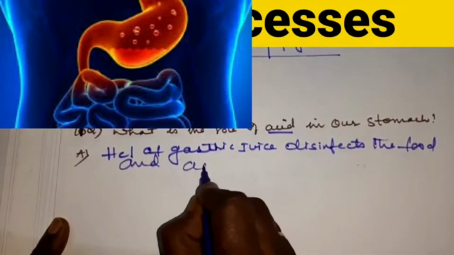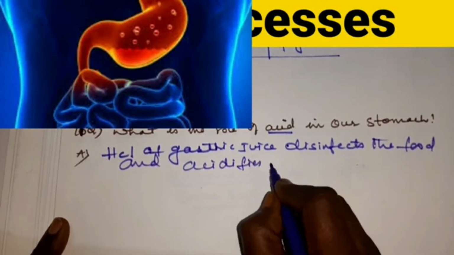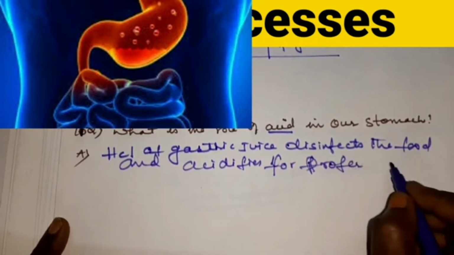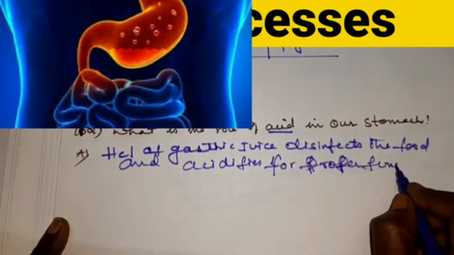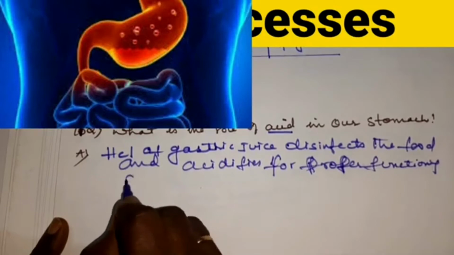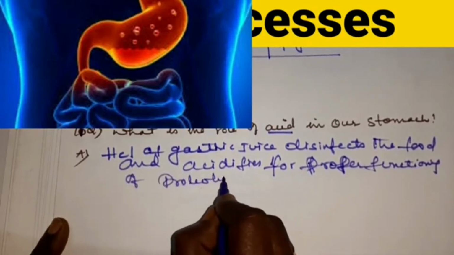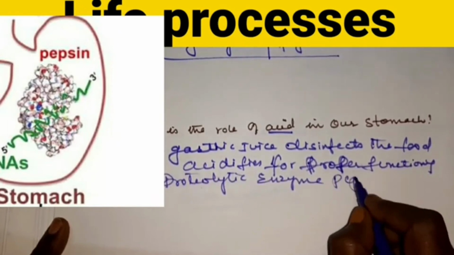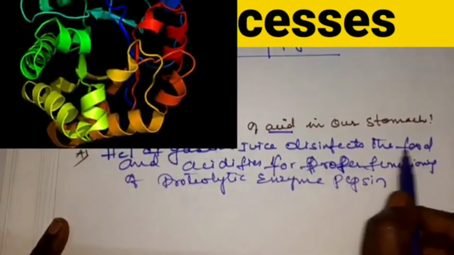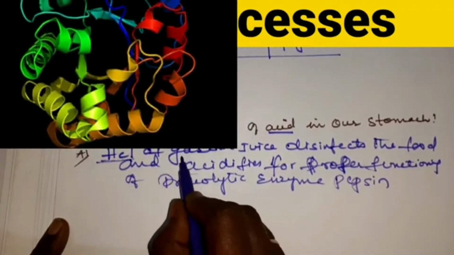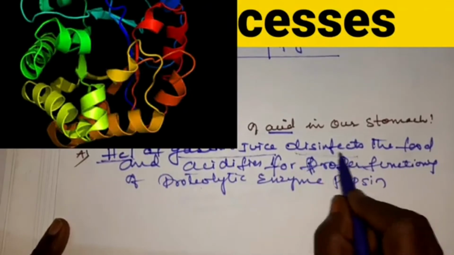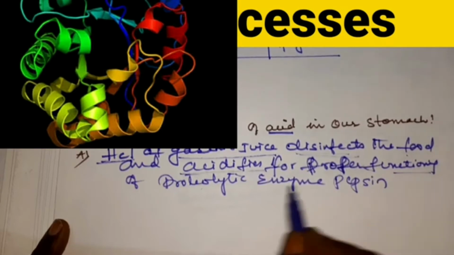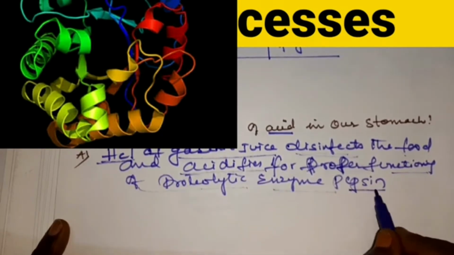The function of acid is to disinfect the food and help in acidification for proper functioning of the proteolytic enzyme called pepsin.